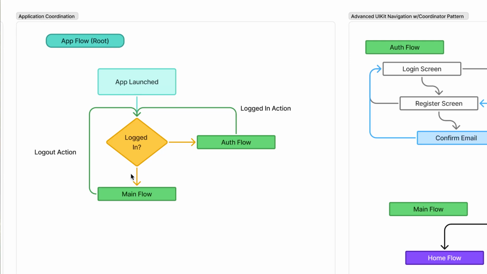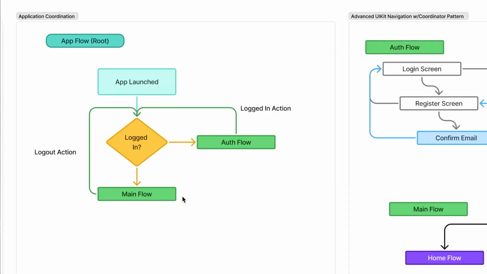All this coordinator does is facilitate moving between the two main flows, not to be confused with me naming one of the flows main flow. So we have two root level flows, I should say: one for the auth flow and one, the main flow, that is everything else in the app minus the auth flow.